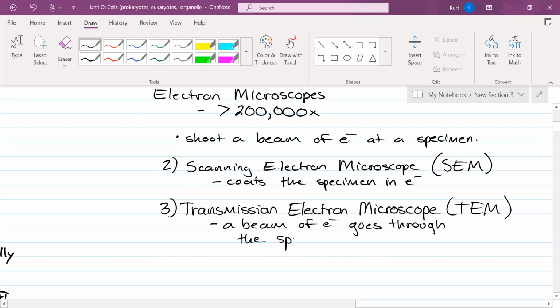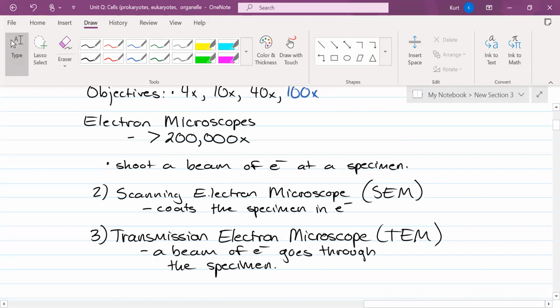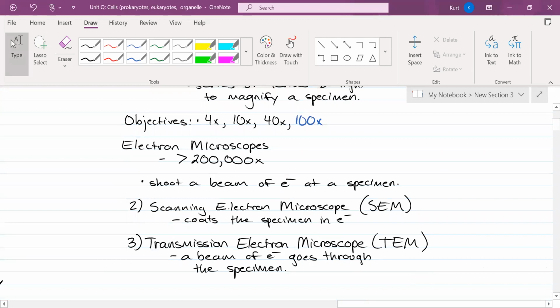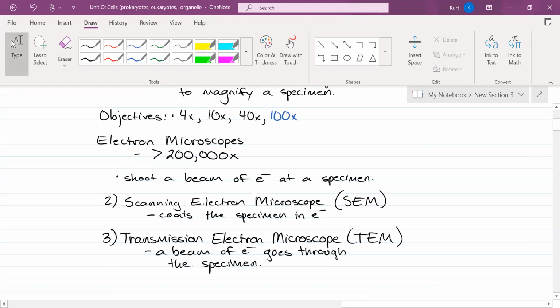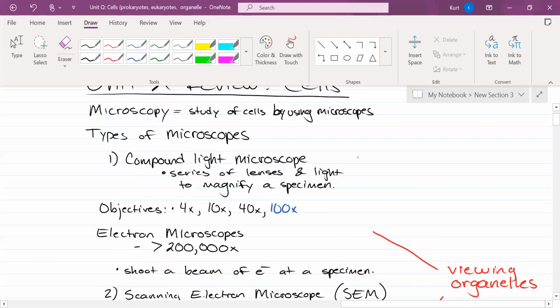It goes through the specimen, and so you can actually get a layer by layer image of what's being seen. Now, I do want to indicate to you that these types of microscopes are better suited for viewing organelles, while a compound light microscope is better for viewing cells.